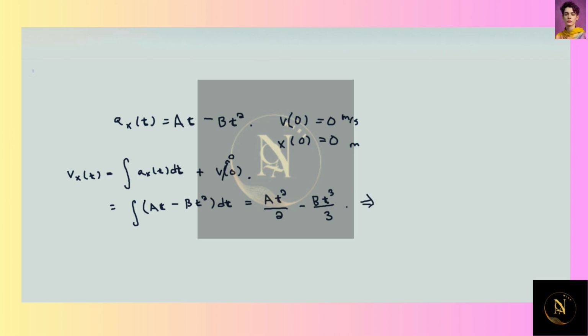Before we call this the final answer, we should plug in what big A and big B are. Big A is given in the problem, and it's 1.5 meters per second cubed.